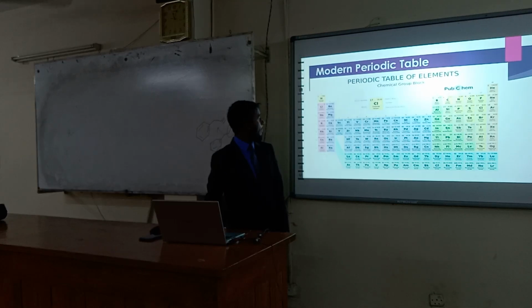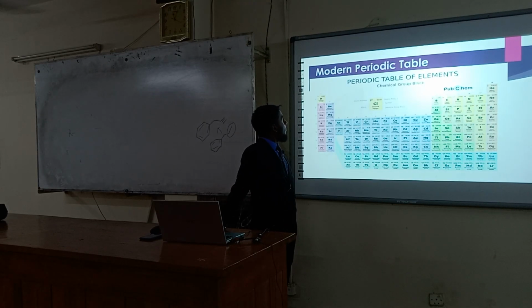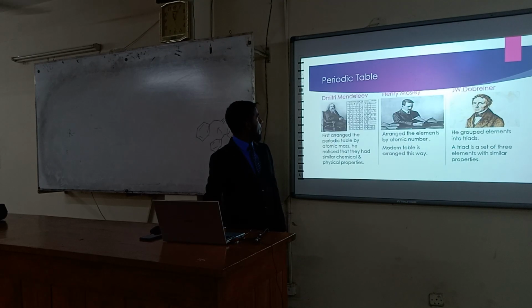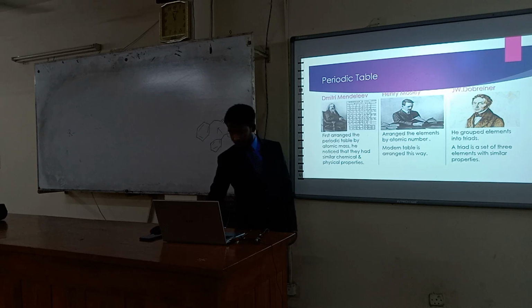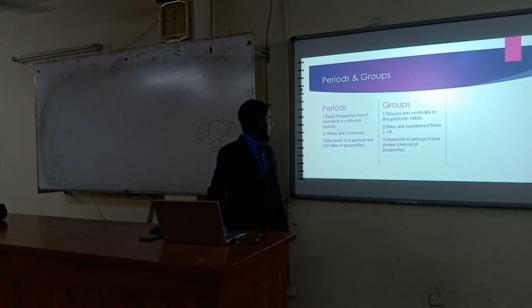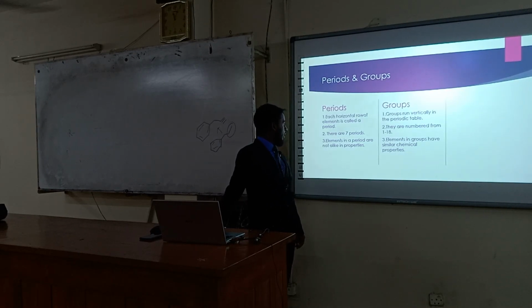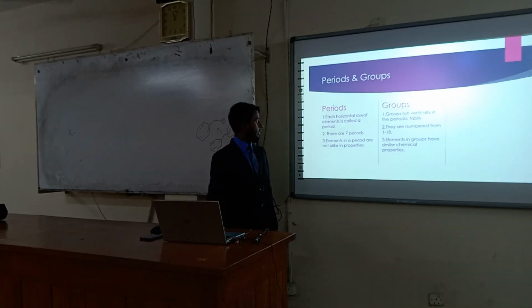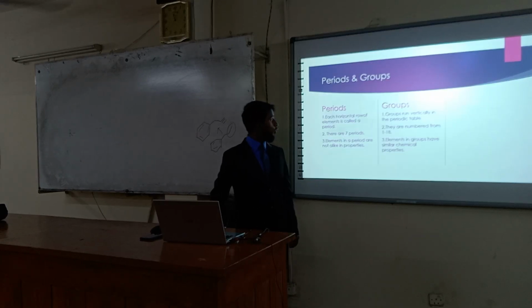We can see in this periodic table there are 7 periods, and elements in a period are not alike in properties. They have different properties.